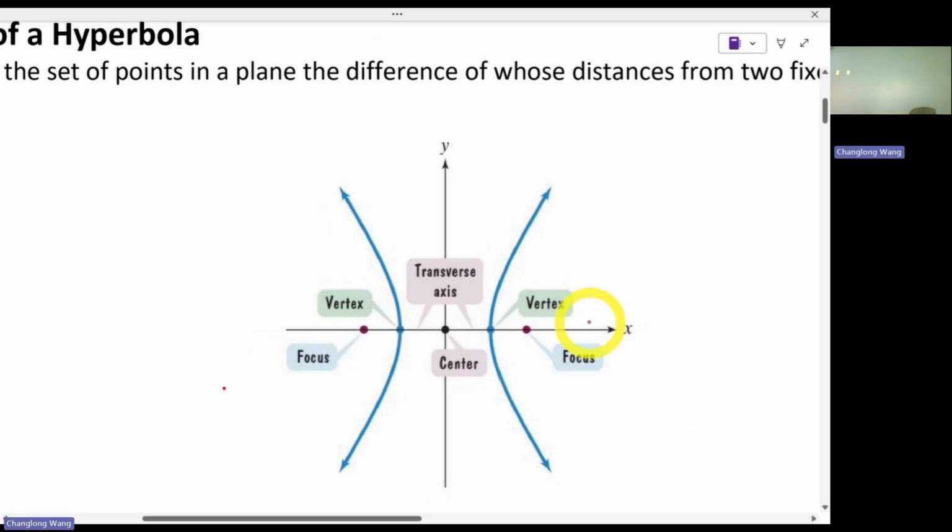If you're curious what the geometric definition will be for the hyperbola, so that you can also compare with the geometric definition of the ellipse. Who still remembers geometrically, how do we find points that will be on an ellipse, or how do we define an ellipse in a pure geometric way?